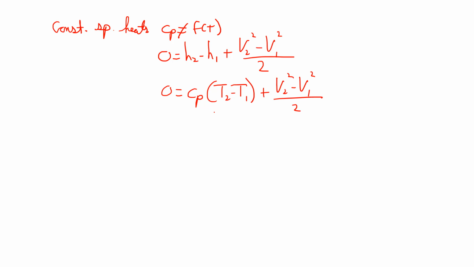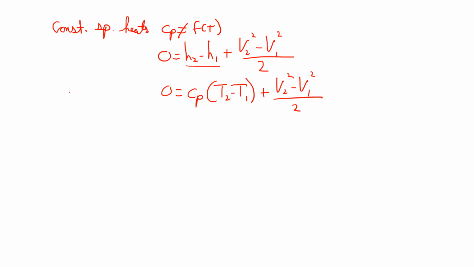Now, the question always comes up: how do I substitute Cp delta T for delta H, because my Cp value is constant, right? I don't have one value of Cp at T1 and another value of Cp at T2. They're the same between T2 and T1.